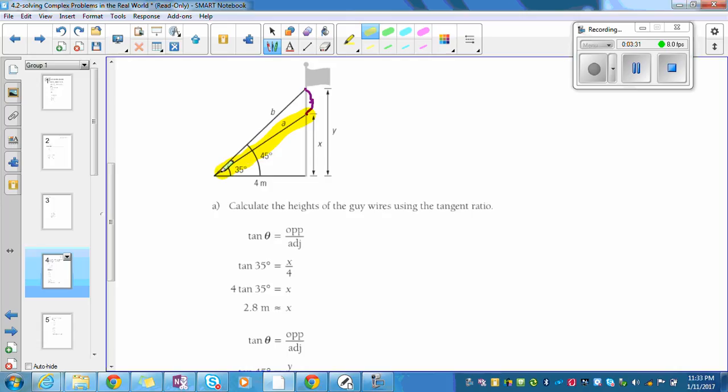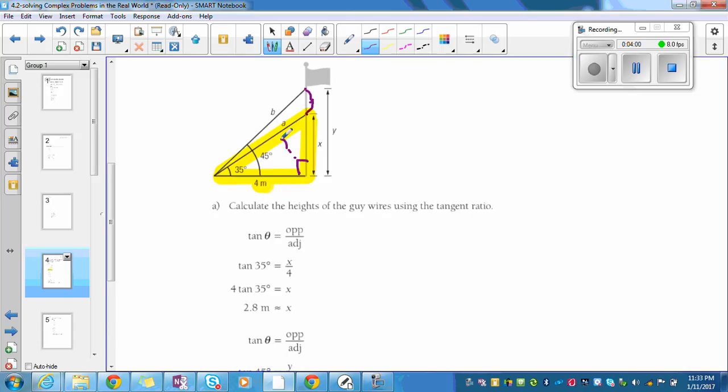Okay, well, if we look at this, this is really just another part of this triangle we were looking at. We solved for side length x. Now we can use angle of 35 and this 4 meters to solve for the hypotenuse. The hardest part is remembering that flagpoles, trees, houses, they make 90-degree angles with the ground.